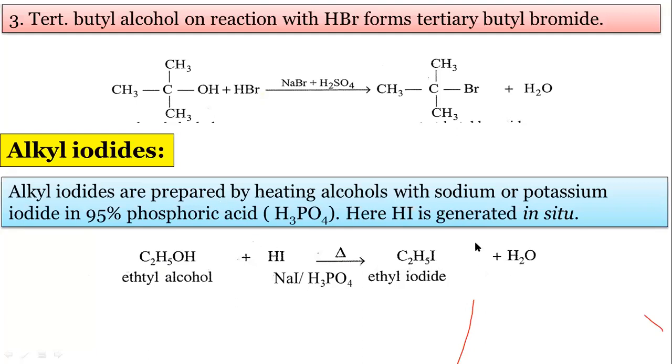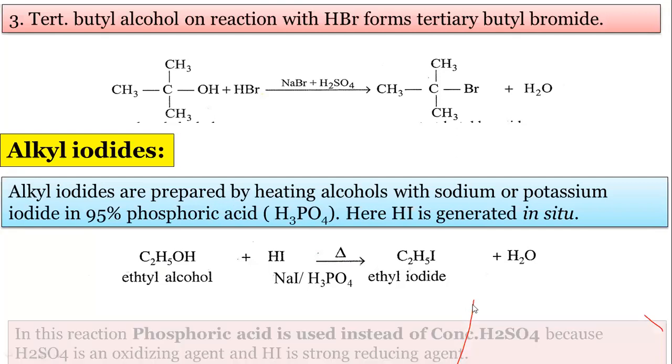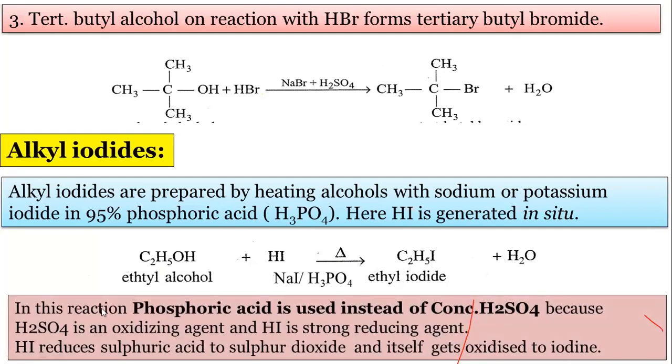One question is very important in this. I have given the note here again. In this reaction, phosphoric acid, H3PO4, is used instead of concentrated H2SO4, because see here carefully, H2SO4 is an oxidizing agent and HI is a strong reducing agent.